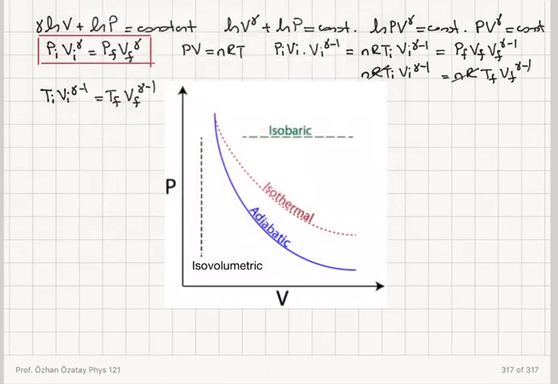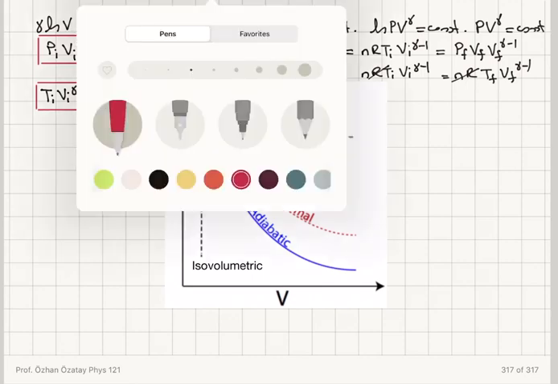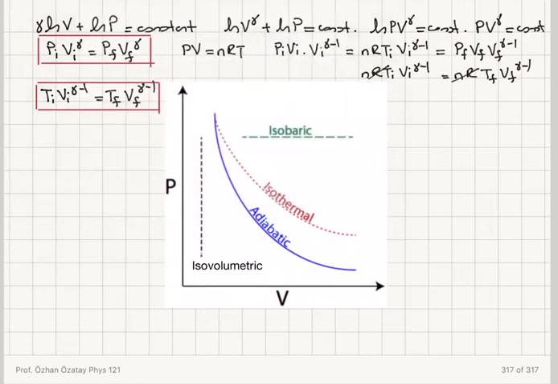So there are two ways I can write this equation, either using pressure and volume or temperature and volume. So basically, I have this relationship between pressure and volume and temperature and volume for an adiabatic process.